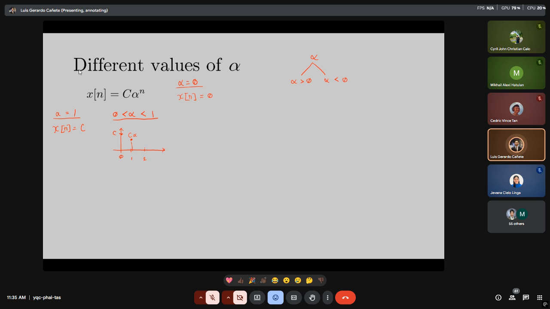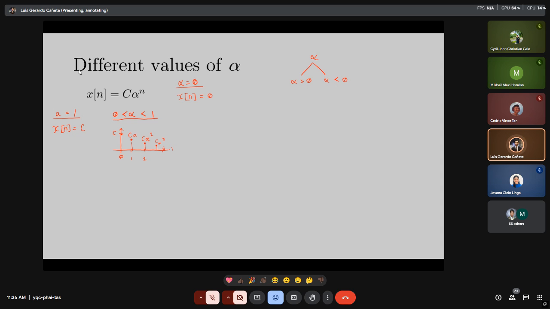So the next number is also going to be less than c times alpha, right? And this is now going to be c times alpha to the power 2. And then this is going to continue, c alpha cubed, and that's going to continue to get smaller and smaller with respect to time.